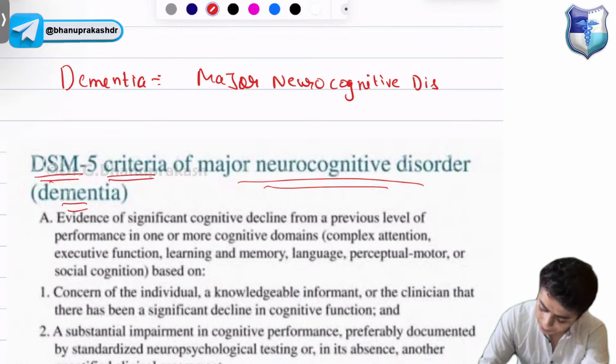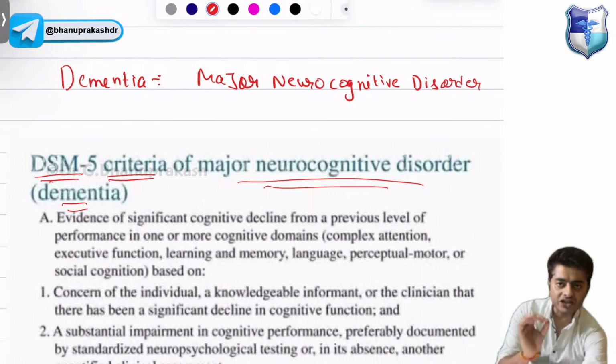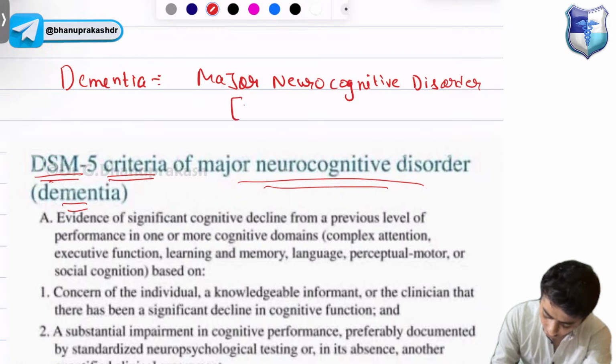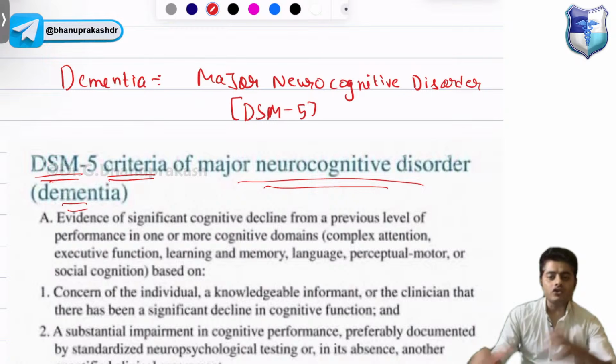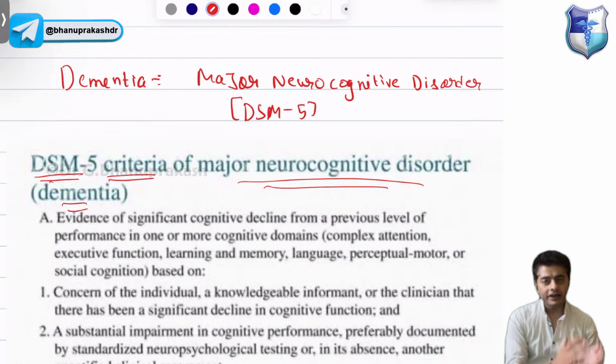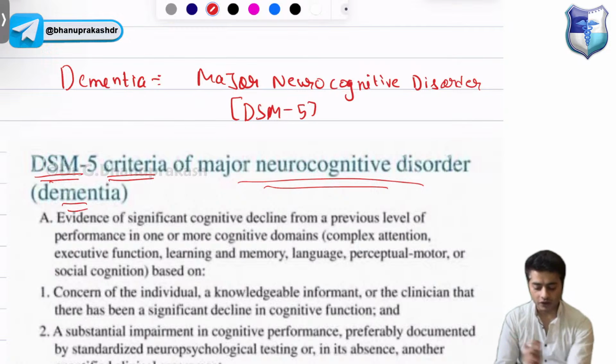So dementia is a major cognitive disorder according to DSM-5. Earlier it was known as dementia, but now the DSM-5 criteria call dementia a major neurocognitive disorder.